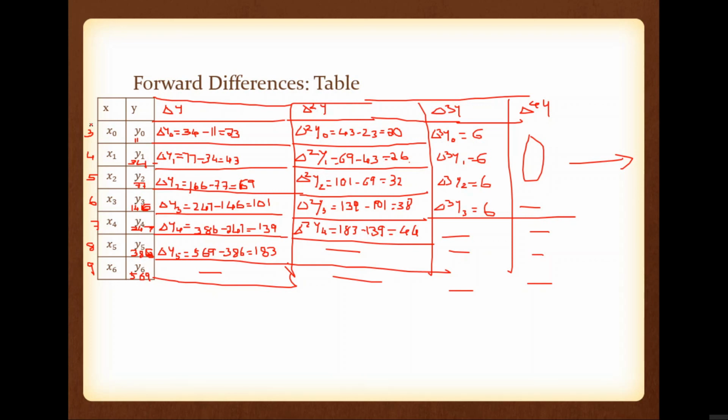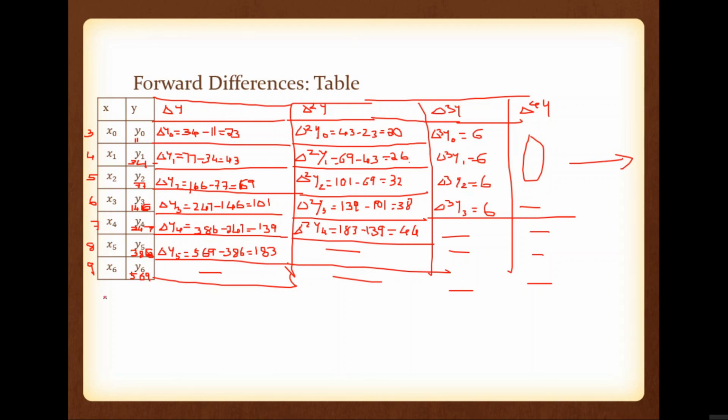Before that, here you can see that from the fourth order column onwards, the entries are either not available or 0, right? We have a difference data up to delta cube y. After that, the data is 0 or unavailable. Here the number of data is small, so we can't precisely say the unknown function is a cubic function.